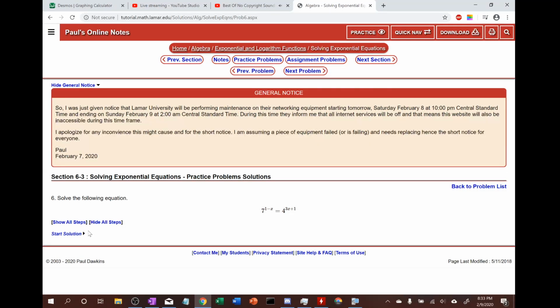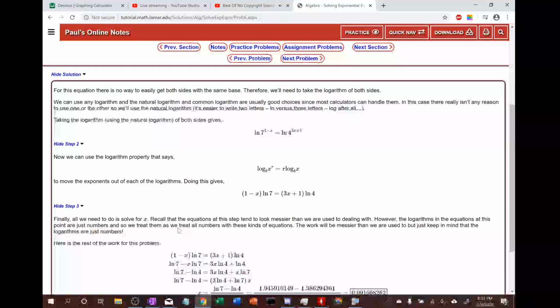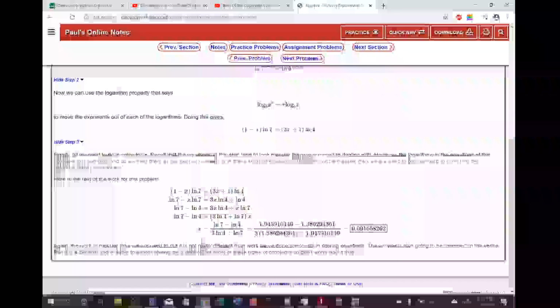Okay, let's look at this one. So here it's 1 minus x ln 7, 3x plus 1 ln 4.